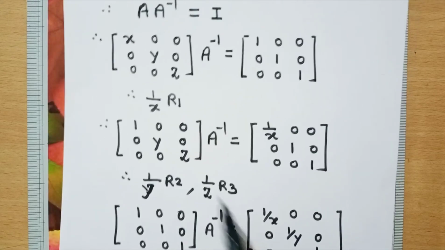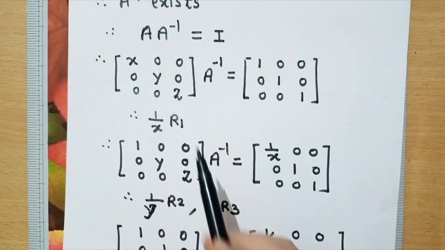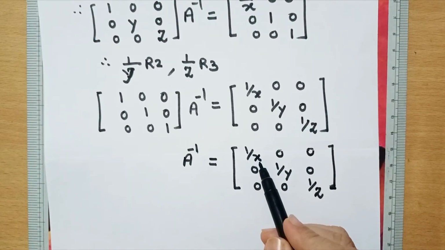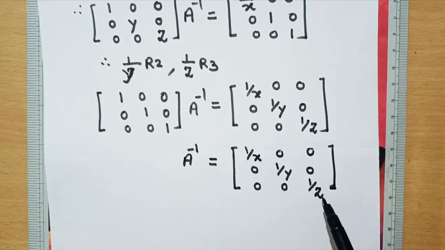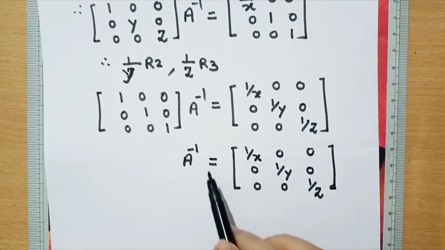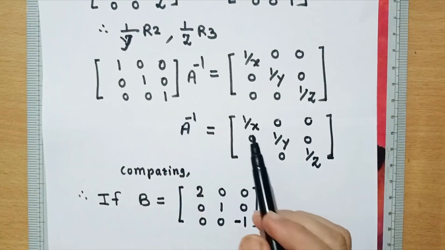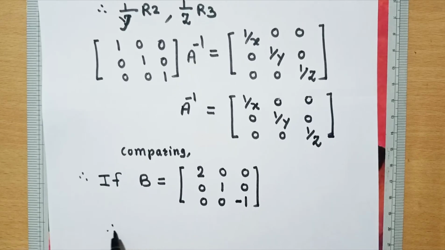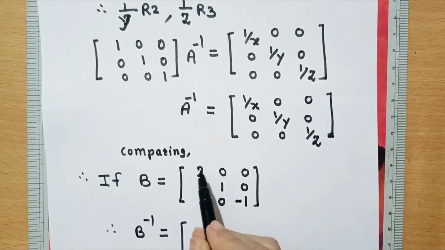So very simple. If x, y, z are the diagonal elements of matrix A, then 1 upon x, 1 upon y, 1 upon z are the diagonal elements of A inverse. And therefore, comparing with this relation, if B is our given matrix, then B inverse is equal to, just we have to replace this diagonal element as 1 upon this element.